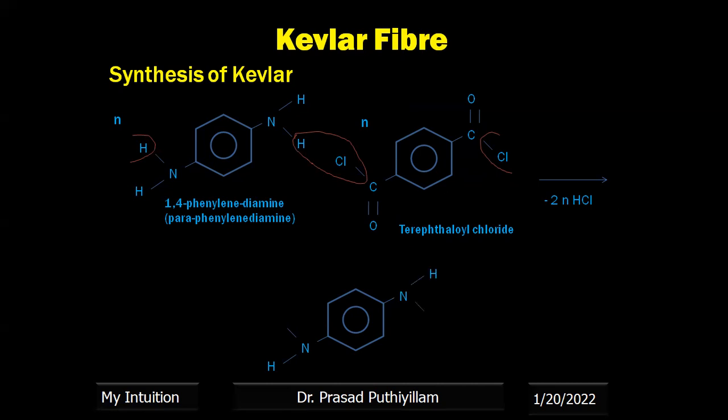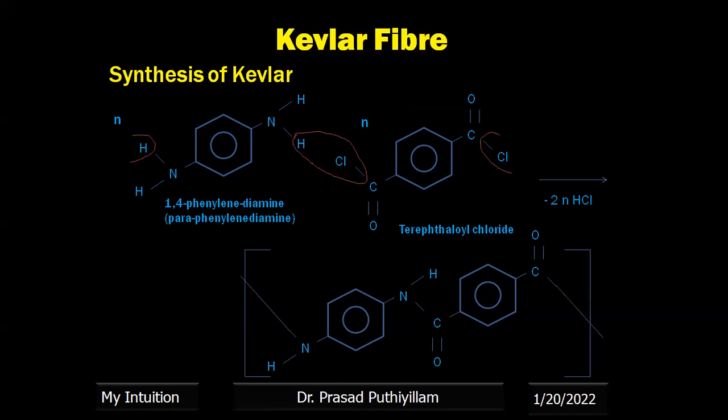Then NH is there, then N single bond carbon, double bond O connected to the benzene ring, C double bond O, and then it is connected. I am extending that to make it a polymer structure, so it repeats n times. Here we can see NHCO, the amide functional group, and it also contains the aromatic benzene ring.